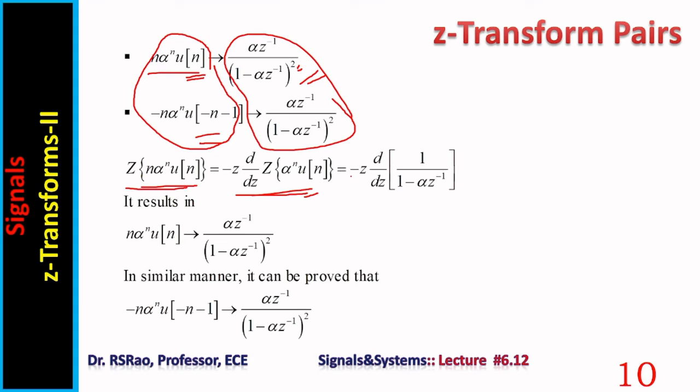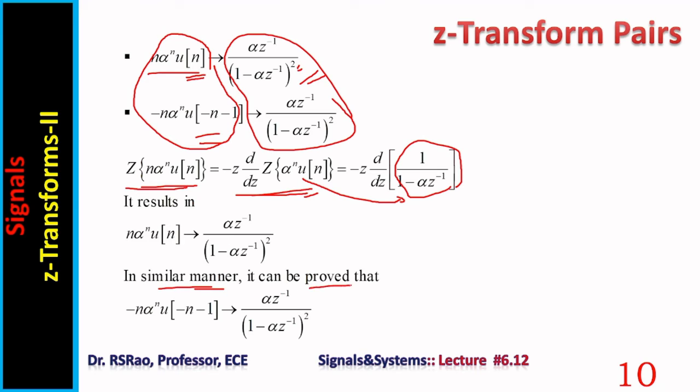The same thing can be written as minus z d by dz of 1 over 1 minus alpha z power minus 1. This relation has come from the z transform of alpha power n u of n being equal to 1 over 1 minus alpha z power minus 1. One can do the differentiation to get the z transform of sequence n alpha power n u of n as alpha z power minus 1 by 1 minus alpha z power minus 1 whole square.